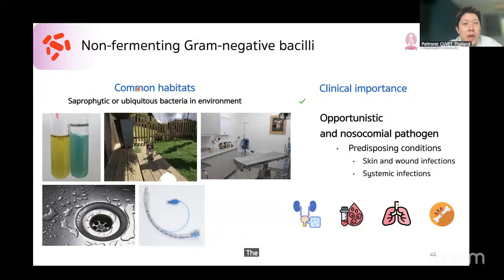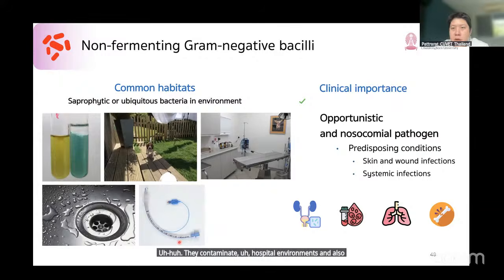The common habitats are the environment, but these are of high concern in hospitals. They contaminate hospital environments and also medical devices. These are members of the ESKAPEE pathogens, and of course, they cause nosocomial infections, especially systemic infections.